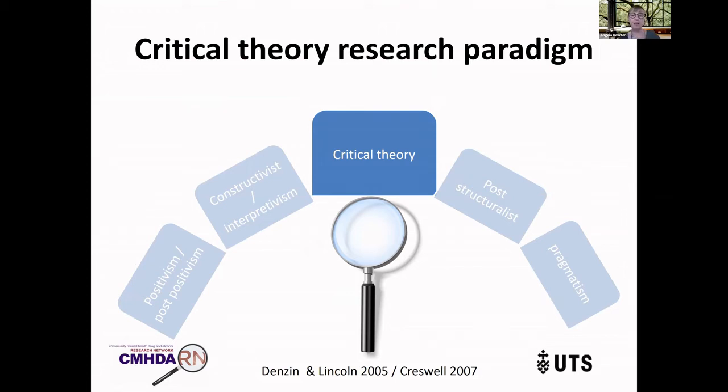So it emerged from a German group called the Frankfurt School, and their focus was on liberating human beings from systems that enslave them. And there are lots of other theorists related to this, Habermas and Gramsci, if you're interested. But this particular paradigm foregrounds participatory approaches.